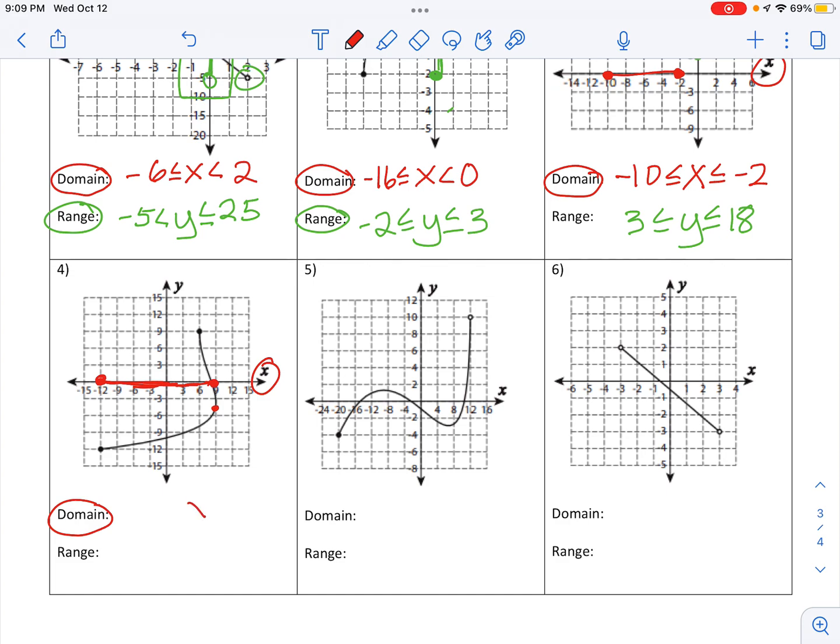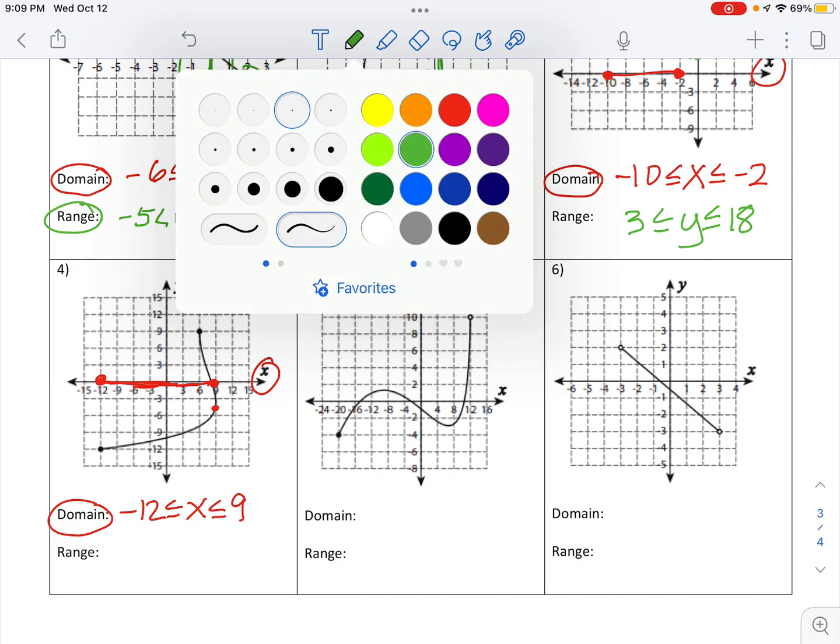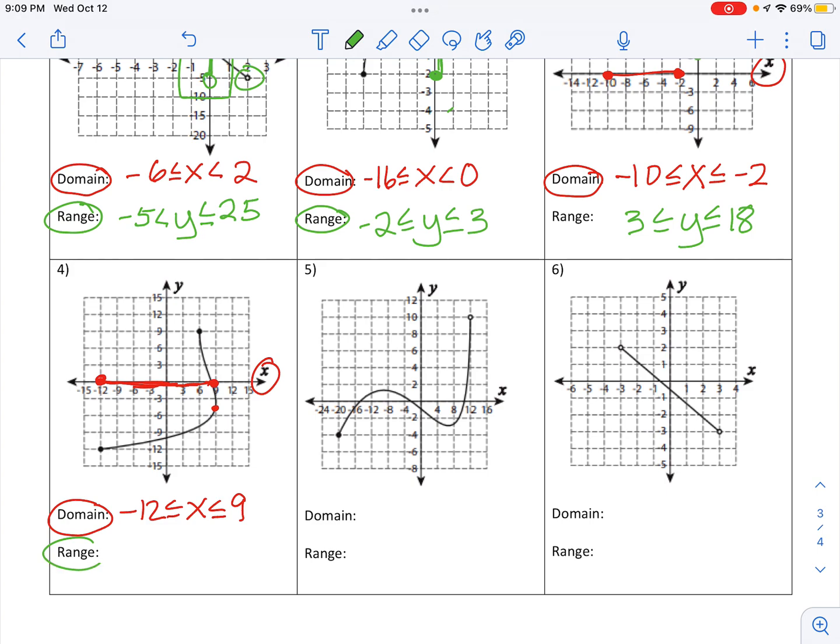So x is between -12 and +9, and both of those are equal to. Then looking at the range, the y's, the lowest point is right here at -12 where that solid circle is, and it continues upward all the way up to +9 where there's another solid circle. So the y's are between -12 and +9, and both of those are equal to.